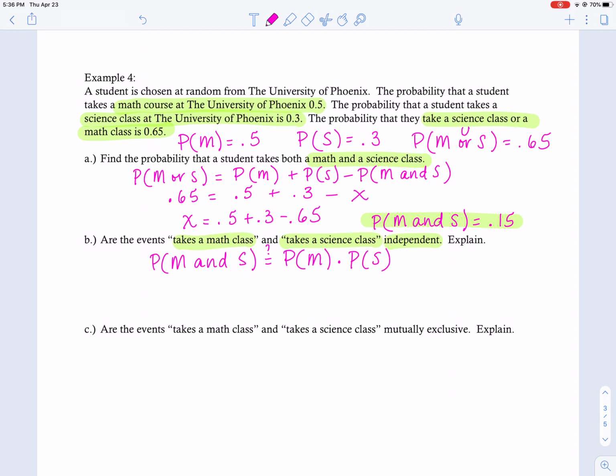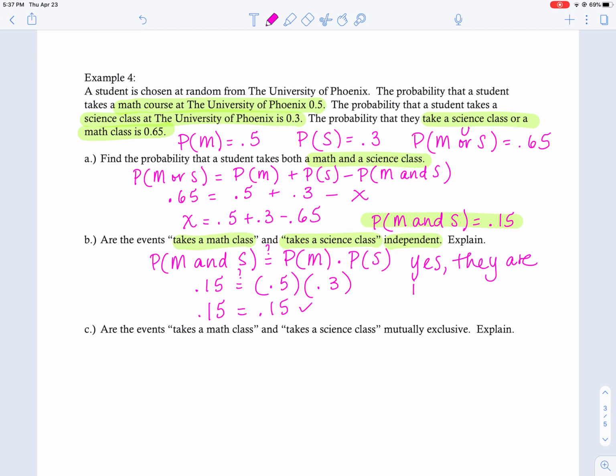Okay, so the probability of math and science is 15%. The probability of math is 50%. And science is 30%. And 0.15 does equal 0.15. Okay, so yes, they are independent.